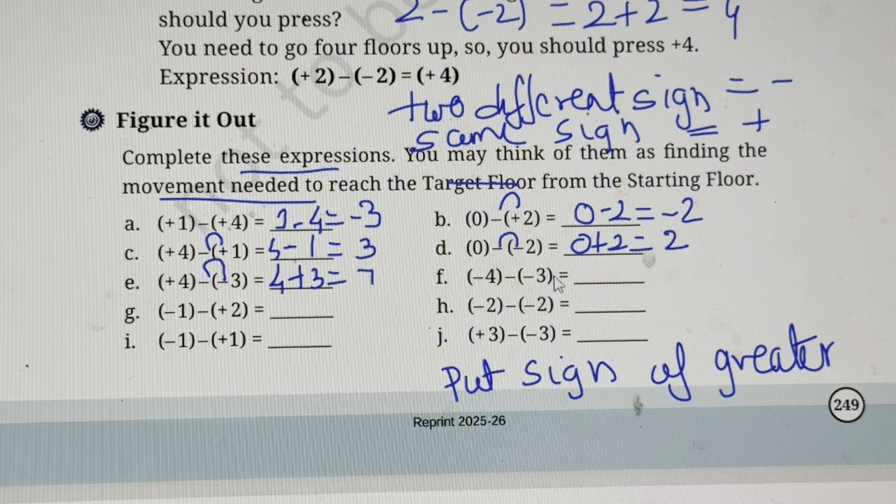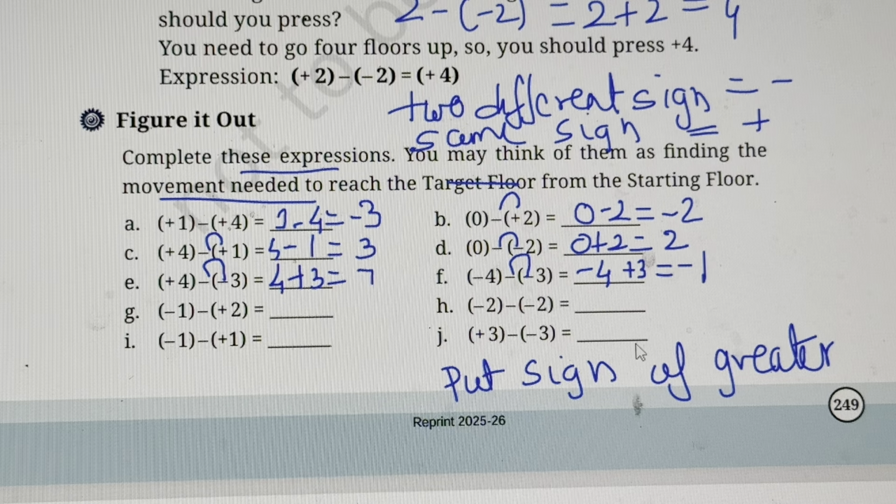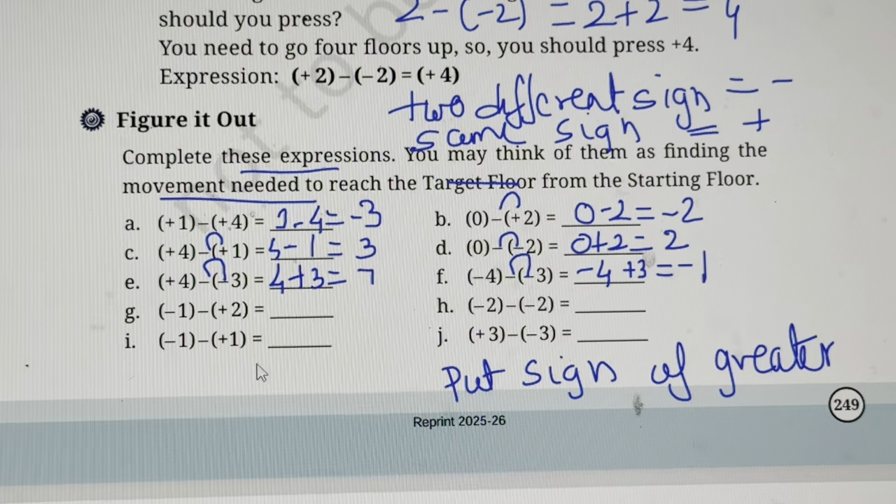Now in F, this is minus 4. But these two minus minus means same sign, it becomes plus. Right? So again, two different signs means subtraction. So we subtract 4 minus 3, we get 1. But we put the sign of greater, so that is minus 1. Clear?